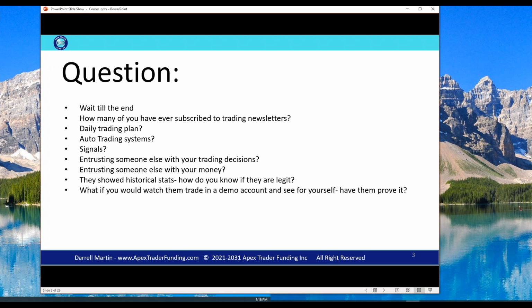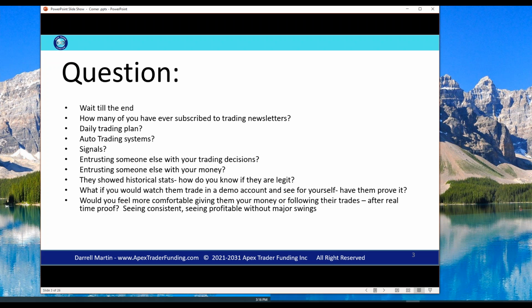But what if you could watch this person trade in front of you day after day in a demo account and see for yourself? Let them prove that they can actually trade. You could watch their trades, see how they trade day to day, on different days, and in different market volatilities.